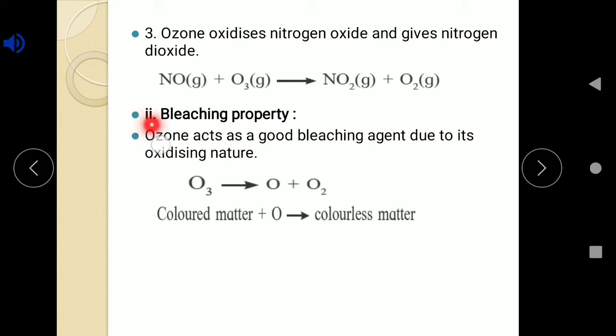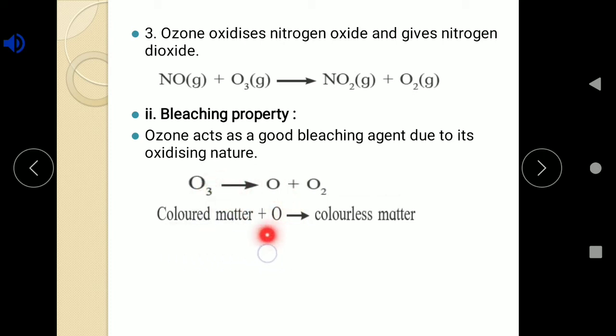Now, the second property we are going to see is bleaching property. Ozone acts as a good bleaching agent. Bleaching means decolorization, to remove color, because it shows oxidizing property. We have seen this reaction. This nascent oxygen decolorizes colored matter.